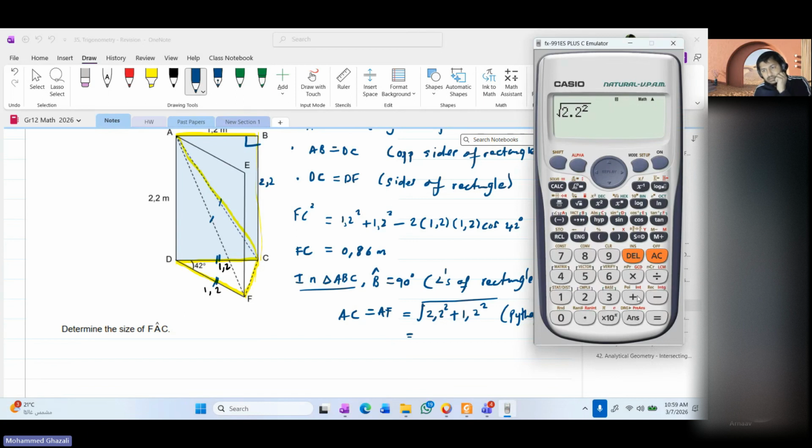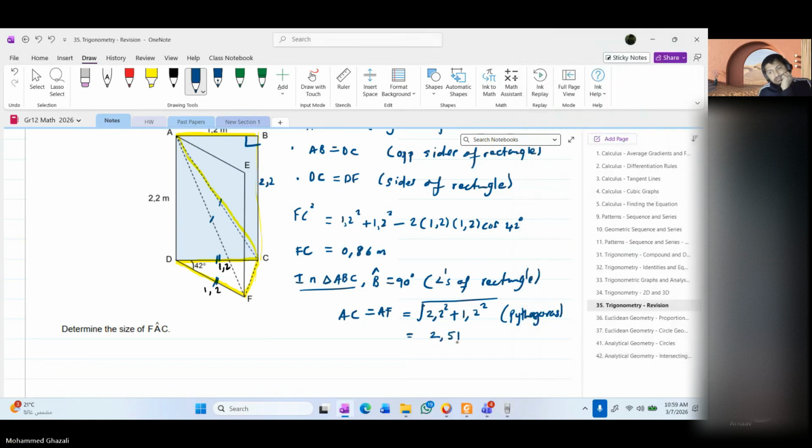And we get 2.506. Yeah, I think we can just use 2.51. Right, we got 2.51 meters, which is the diagonal. Obviously, the diagonal will be the longer.